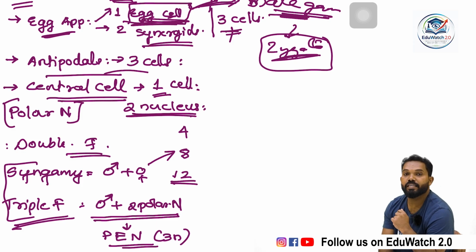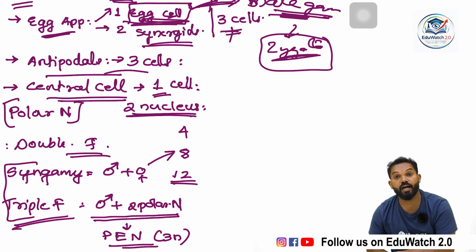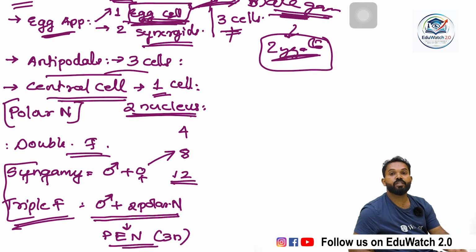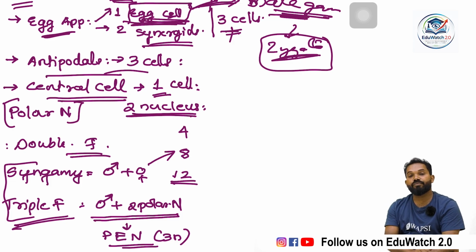What is the role of these synergids and antipodals? According to NCERT, after the double fertilization, these cells undergo degeneration. However, there are many functions performed by antipodals and synergids.